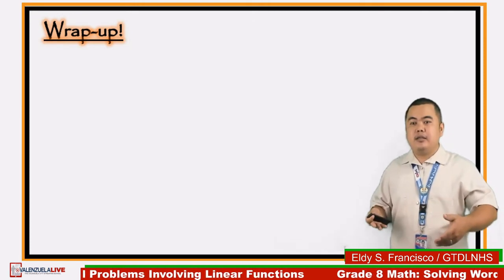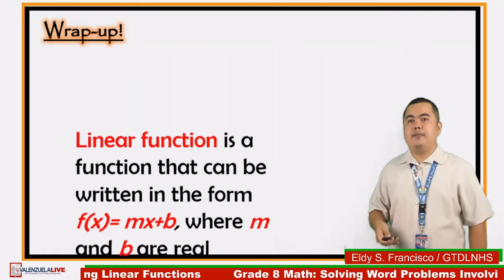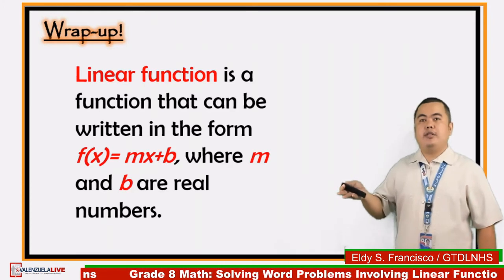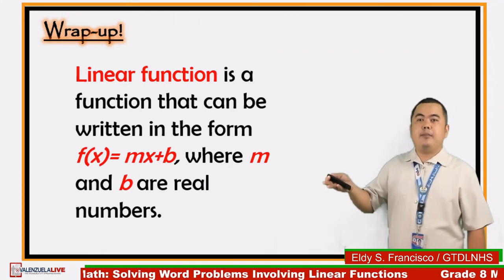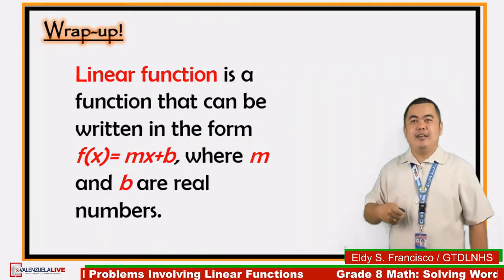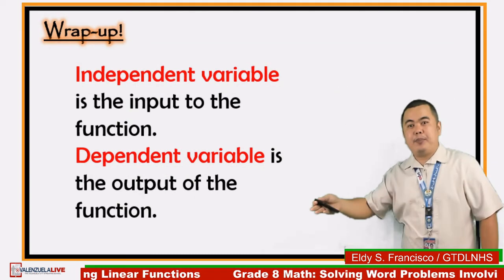And now, to wrap up our today's discussion, which you can also take a screenshot of, the following important things to remember. First, we have the definition of linear function, which is a function that can be written in the form f of x equals mx plus b, where m and b are real numbers. Next, we have the independent variable and then the dependent variable.